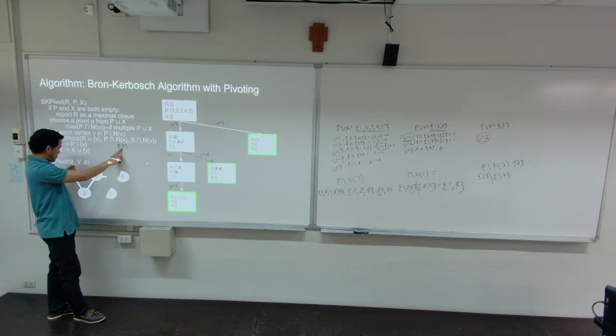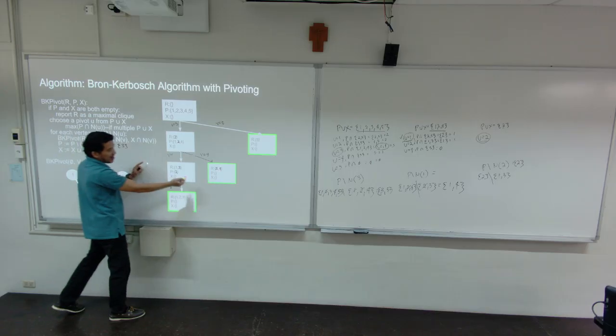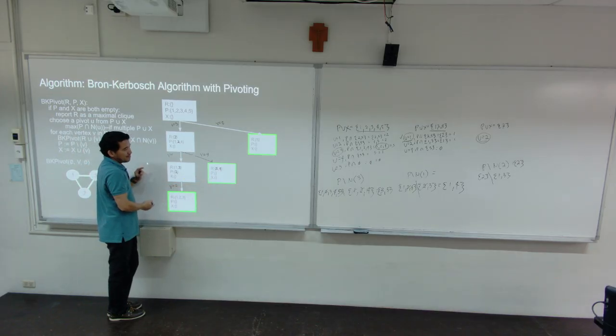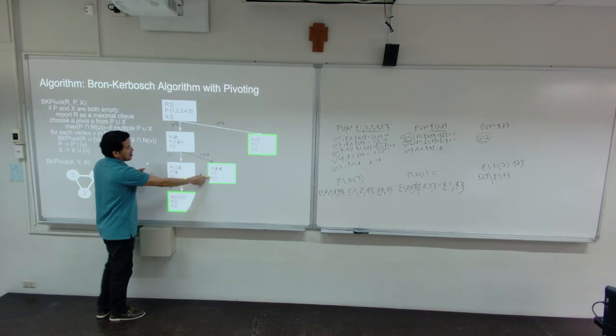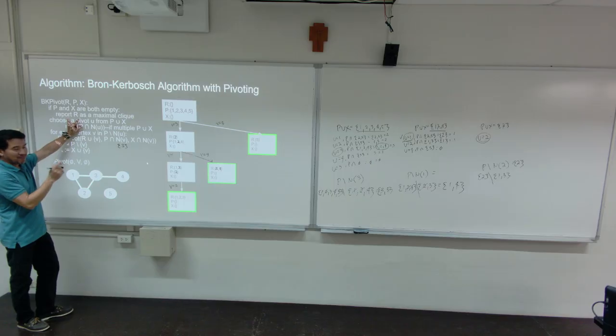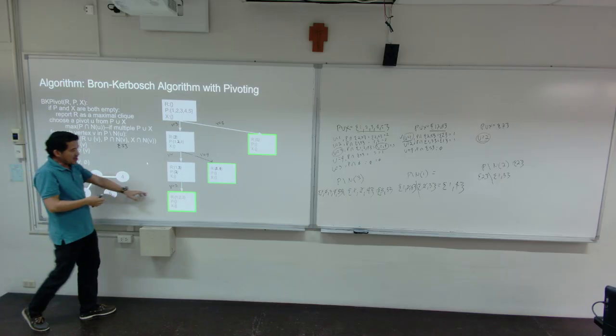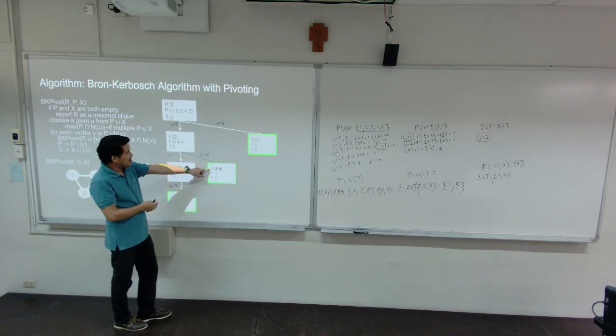Neighbors of 4 is 3. So there are no common values, right? So it's null. Since P and X are both null, we print the value of R, which is 3, 4. So you now have a second maximal clique. So we have 1, 2, 3, and 3, 4.